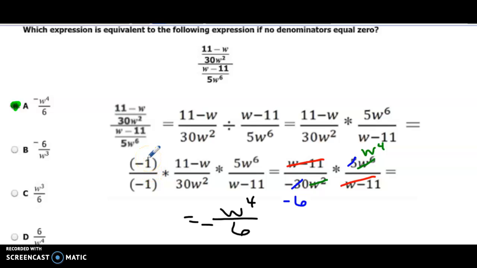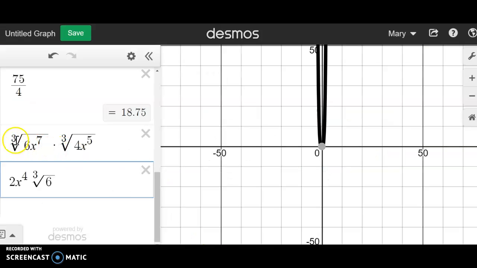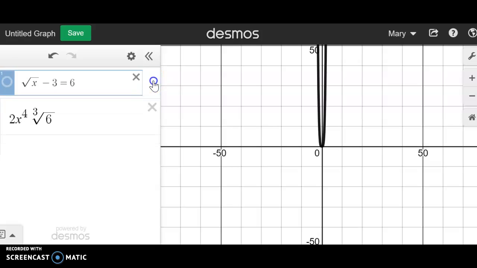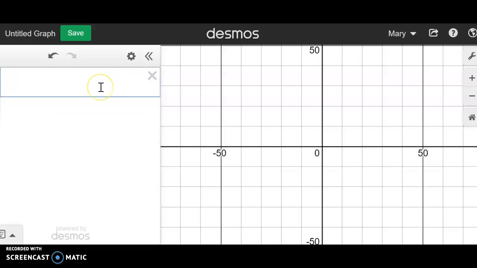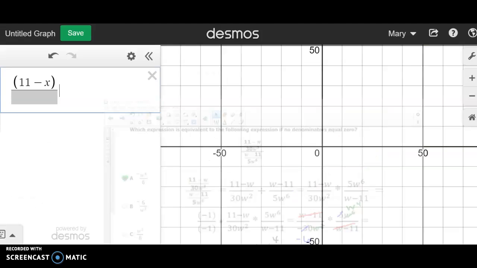Let's see if we can plug this one into Desmos. So if I have 11 minus, and remember I'm not going to put in W, I'm going to put in X. 11 minus X. Let's figure out some of this stuff. So 11 minus X divided by, notice I put in a parentheses there so I could keep it, divided by 30x squared.